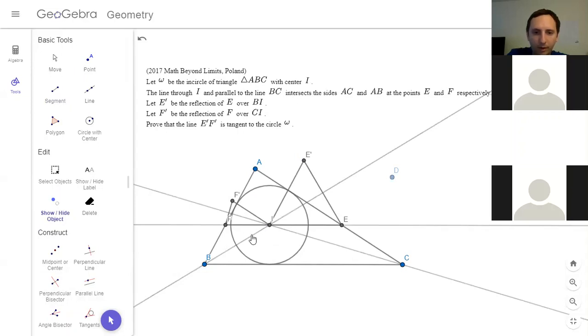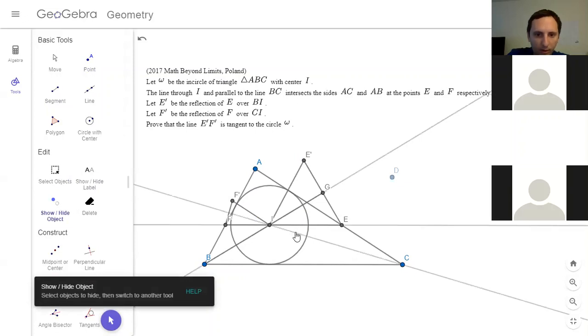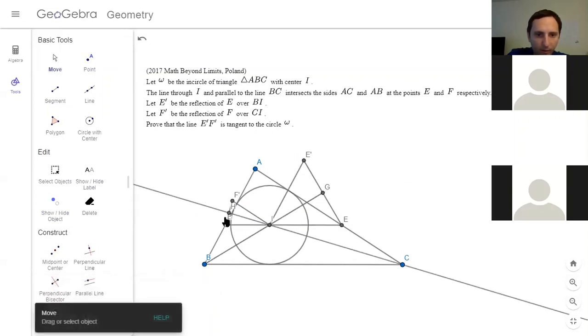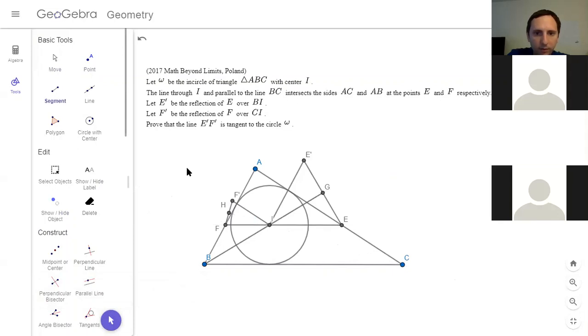Well, no, but it's not enough to know they're isosceles. Let me draw this point, and I'll hide the rest of the line. And then let me draw this point and hide the rest of the line. Okay, so is the tangency point the same as the intersection of the incircle and AI? So we want to show E'F' is tangent.